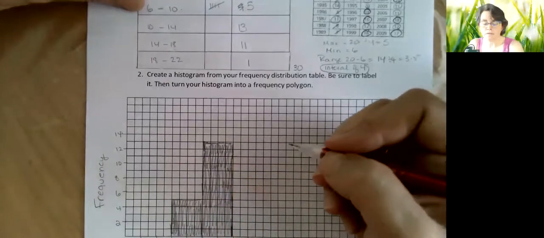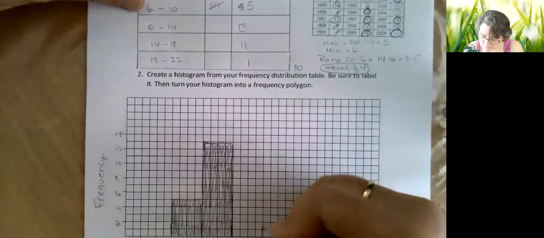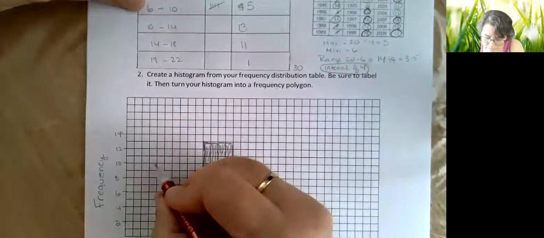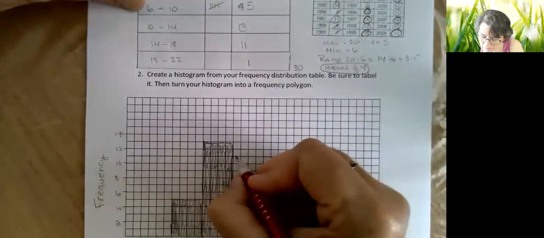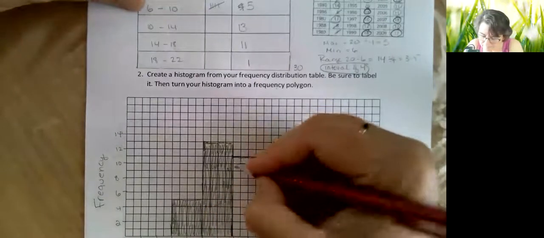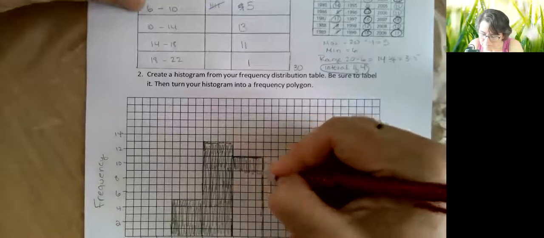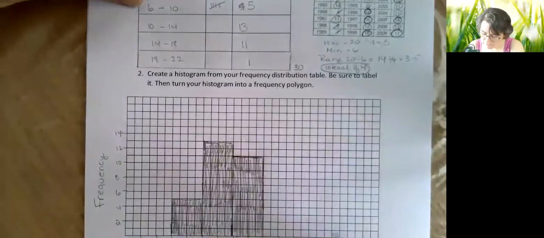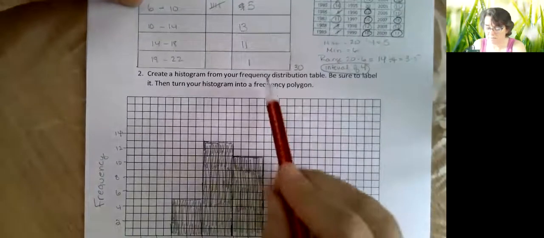Alrighty, now the next one from 14 to 18, so that's our next box here. I need to get 11. So there's 10, so 11 is going to be right there. And our very last one, from 18 to 22, there is a grand total frequency of 1.